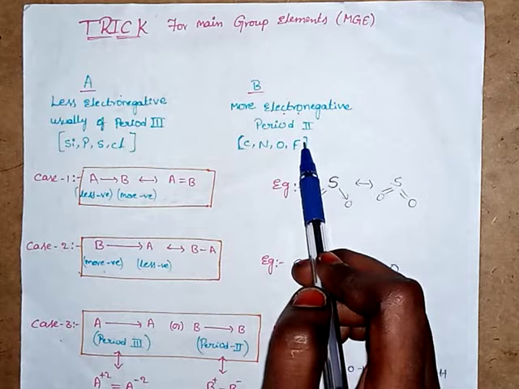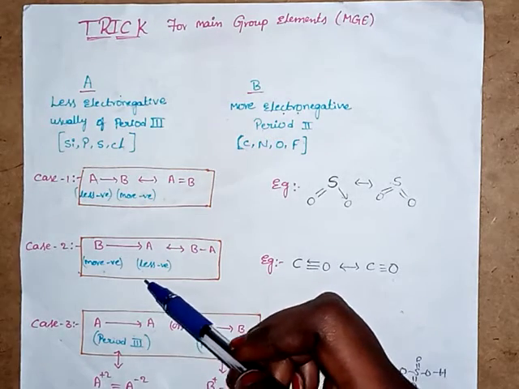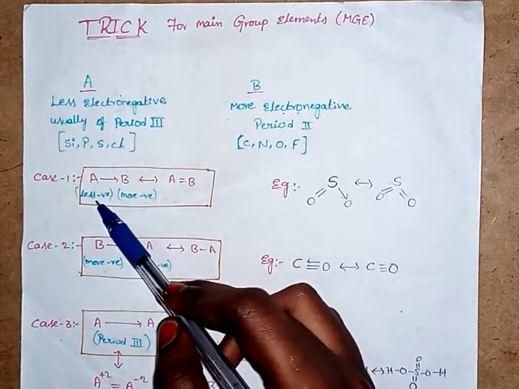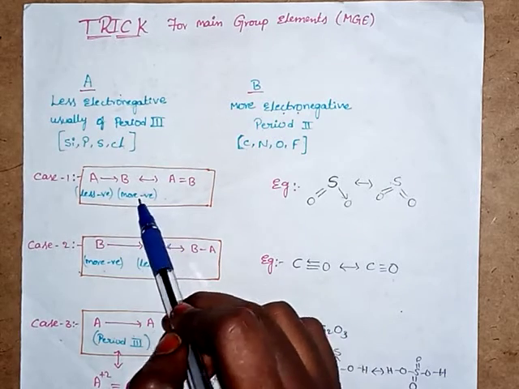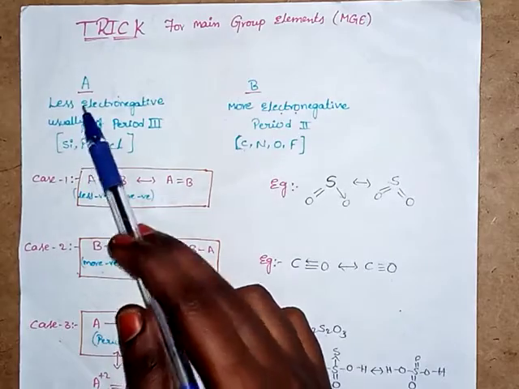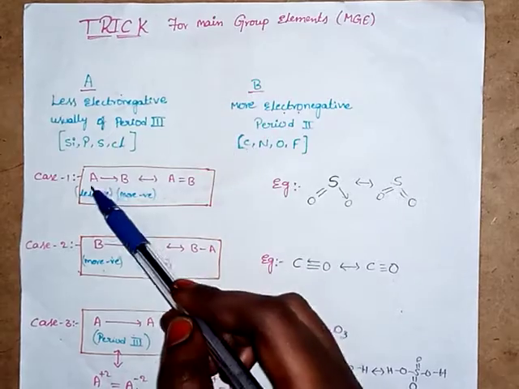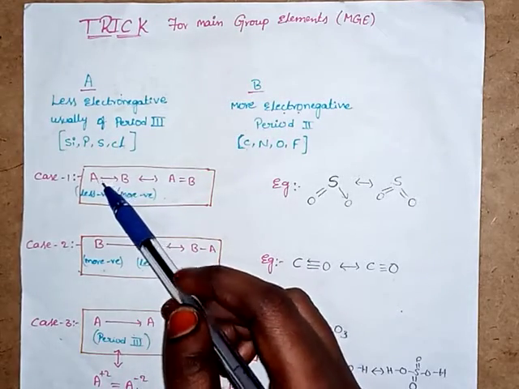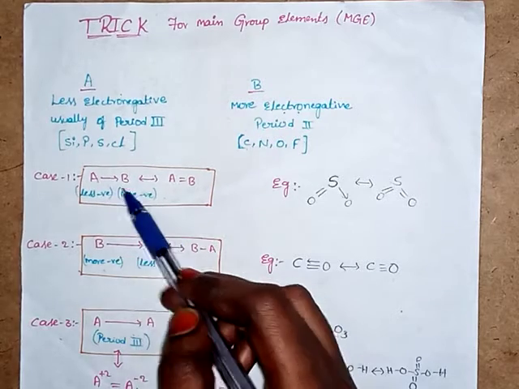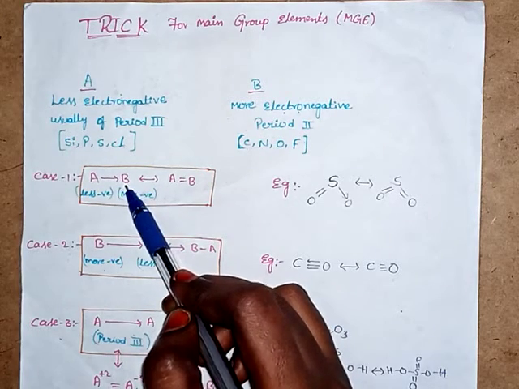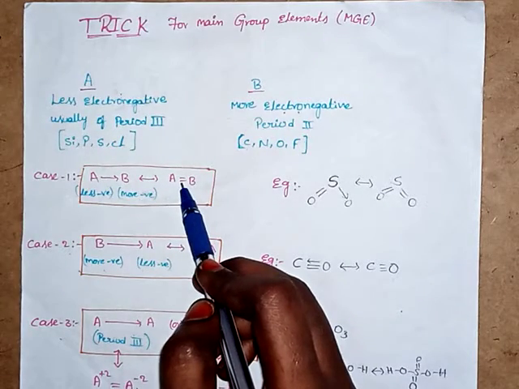So we have three cases. In the first case, the electron pair is donated by the less electronegative atom to the more electronegative atom, and then a double bond will form.